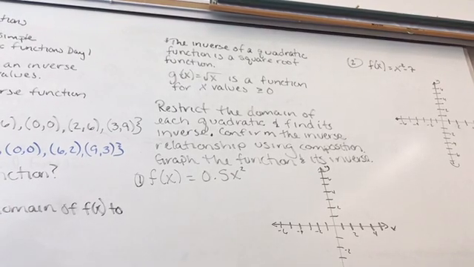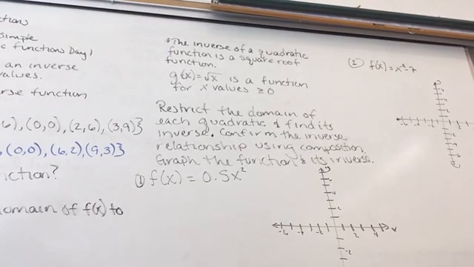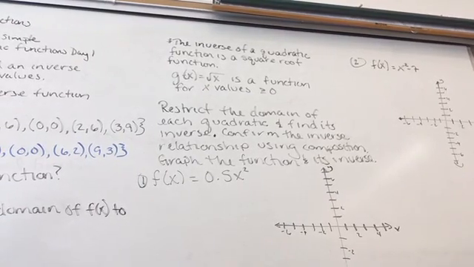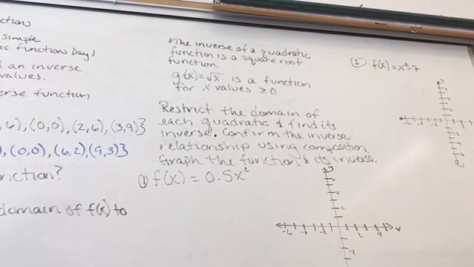Whatever we do, our restriction on the domain needs to be that the radical has a positive value. Our directions say: restrict the domain of each quadratic and find its inverse. Confirm the inverse relationship using composition. Graph the function and its inverse.